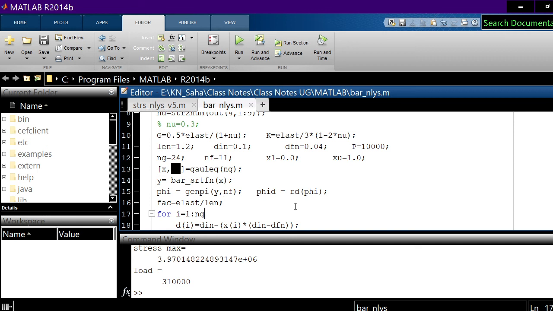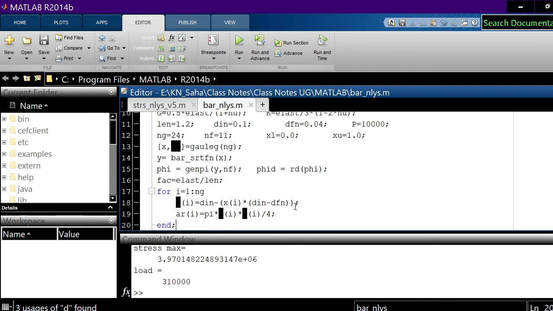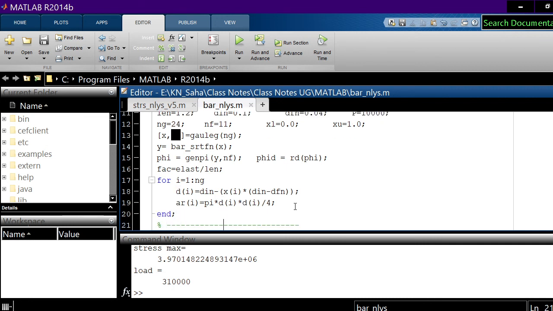So this is a factor. What next? For I equal to, these are Gauss points. So for this Gauss point, the diameter at those points are calculated. Is clear?